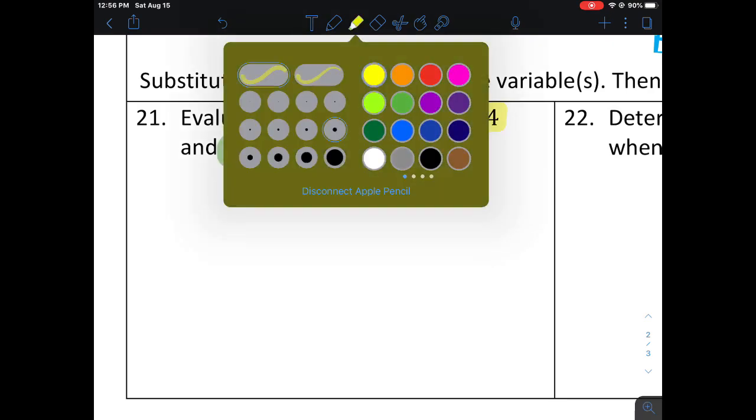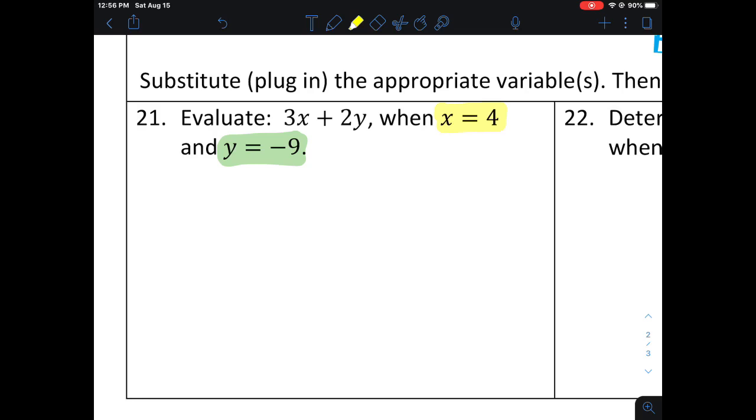So I'm going to take that 4, x equals 4. I'm going to plug it in for x. Y equals negative 9. I'm going to plug that in for y. So I got 3 times 4 plus 2 times negative 9. I plugged in the appropriate values for my variable.